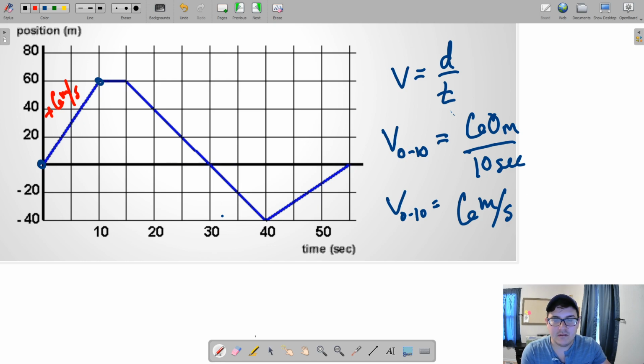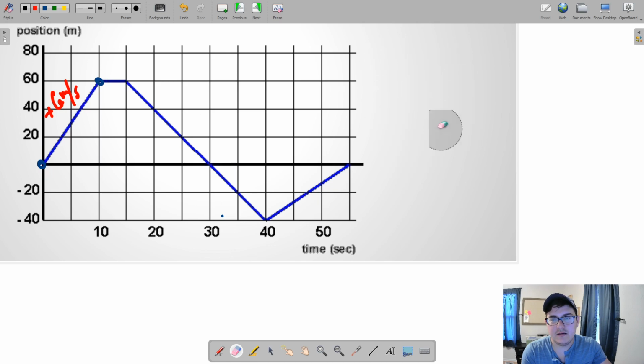Okay, let's continue on forward, and let's do the velocity again of this little top part right here. So the velocity from the 10 to the 15 second time. Why did I choose 15 second time? Well, that's where this part is right here. So what is the displacement there? Well, that is 0, because it doesn't go up at all, it doesn't go down at all.